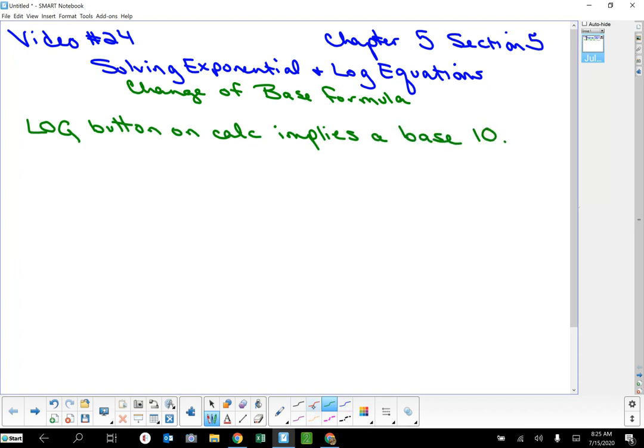So if you have something like log base 5 of 25, you cannot put this in a calculator because it's not a base 10.